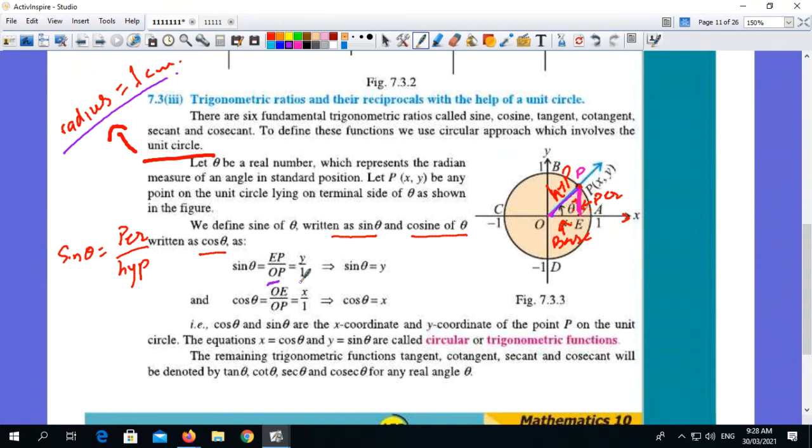So we can replace OP by 1, because OP is the radius of the circle, and the length is 1 centimeter or 1. It may be meter, centimeter, whatever. So sin theta equals Y, and in a similar way we write cos theta equals X.